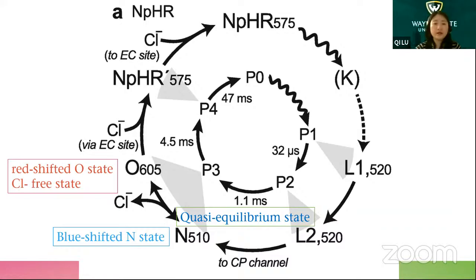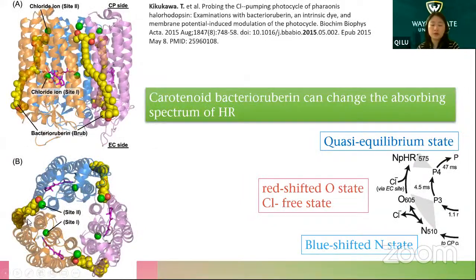So here in this lecture, we're going to introduce a very interesting and a very clever method, developed and published by the author Kikukawa in a review chapter in 2015.